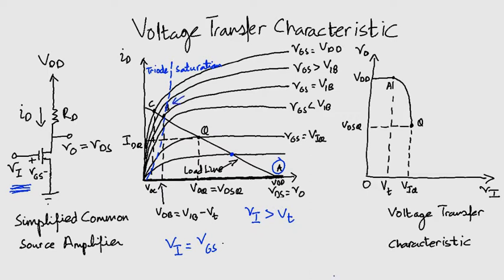On the voltage transfer characteristic, we can also draw this. This, as you can see from the middle graph, is the boundary between triode and saturation. This is the point where V0 has decreased so much that it is now below Vi by Vt volts. At this point, Vi equals VIB. Now we increase Vi beyond VIB.